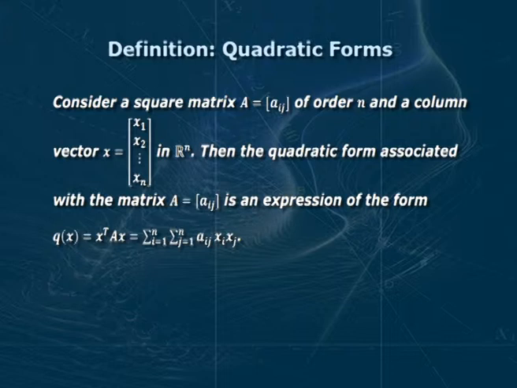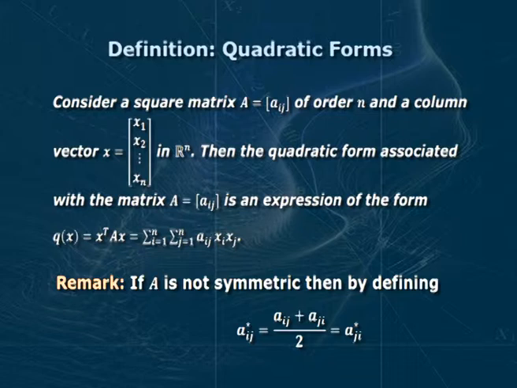Then the quadratic form associated with the matrix A = (aij) is an expression of the form Q(x) = x transpose A x, which equals the double sum running over i = 1 to n and j = 1 to n of aij xi xj.